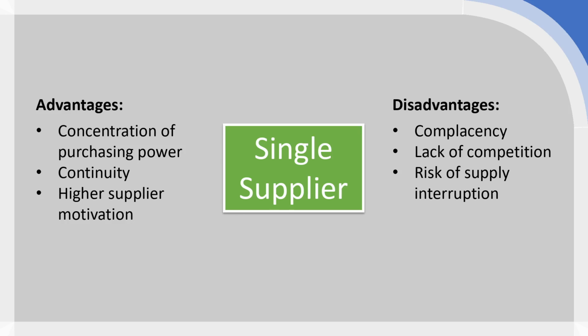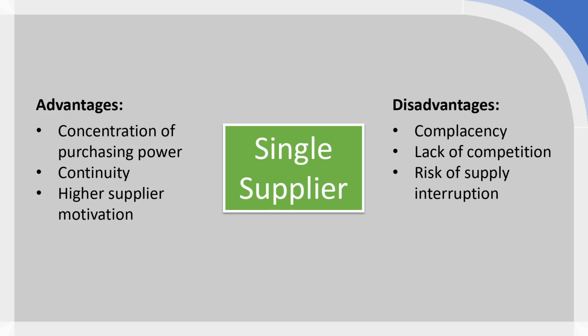Otherwise, if there are any issues with that single supplier, whether they're production issues, logistics issues, or even financial issues with the supplier or otherwise, you are going to have an interrupted supply of your input, which may delay your project, damage your operation, or cause other significant drawbacks.